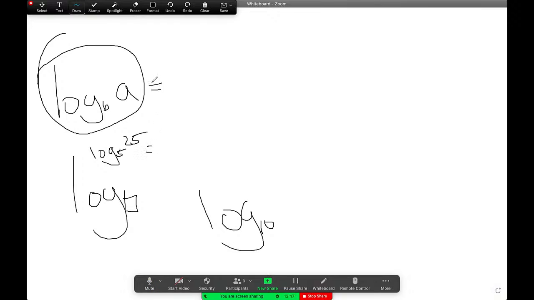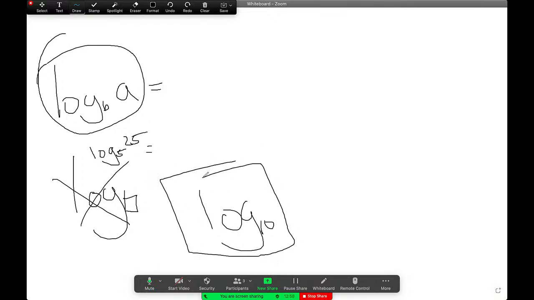So let's actually look at this property. If you don't have the log base button and you only have a log base 10 button, then what you want to do is transform this into a log base 10. You can have any number as base here. So let's just say x, and you have base b.